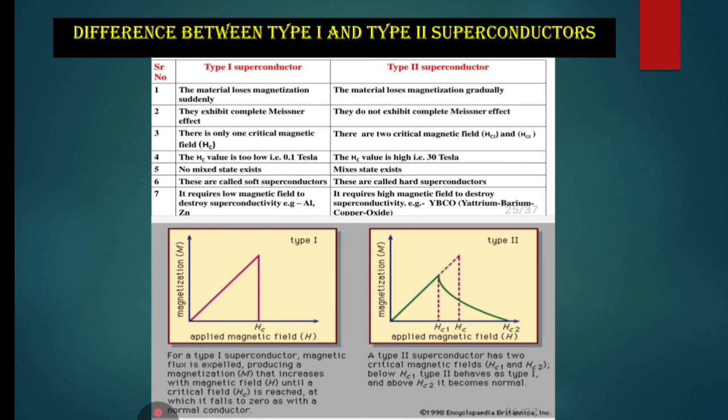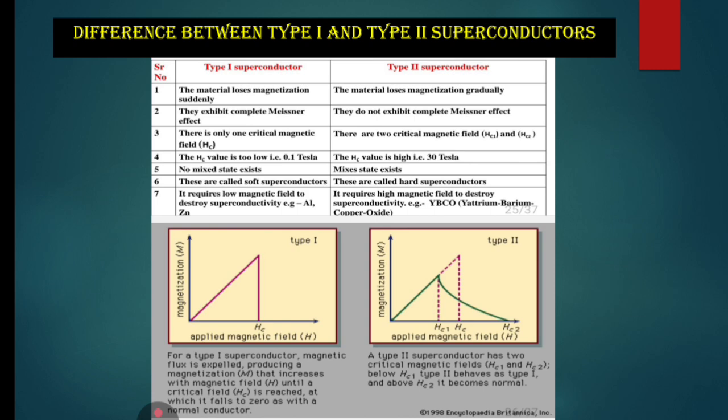In type 2 superconductors, the material loses magnetization gradually because they allow partial penetration, whereas in type 1 superconductors the material loses it suddenly, and in type 2 superconductors there are two critical magnetic field values.